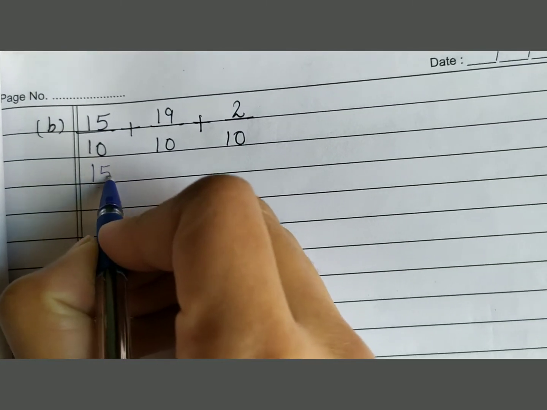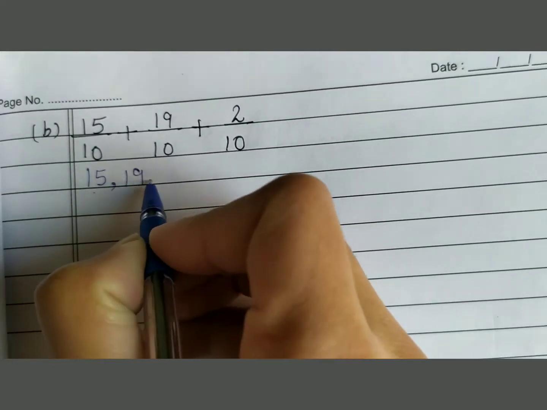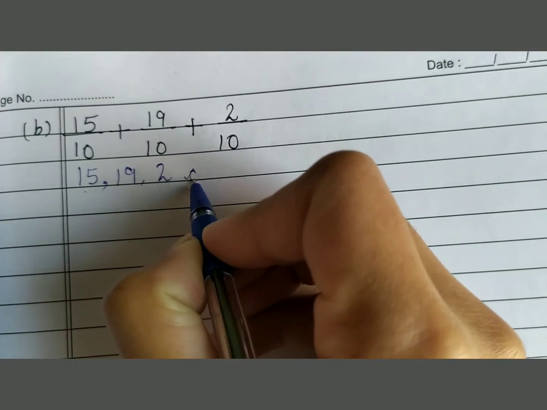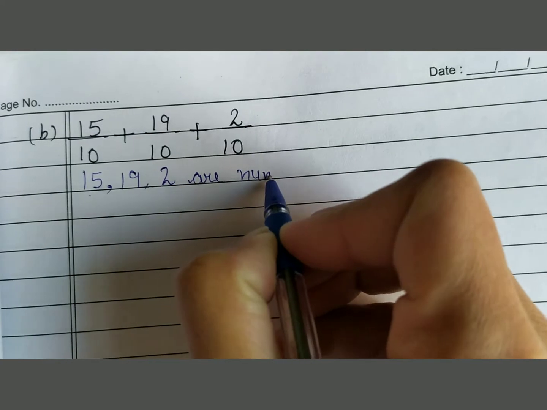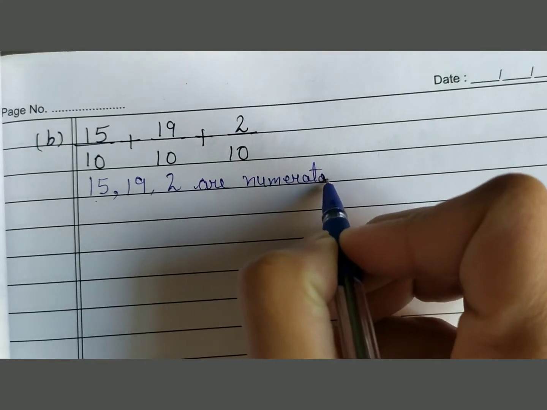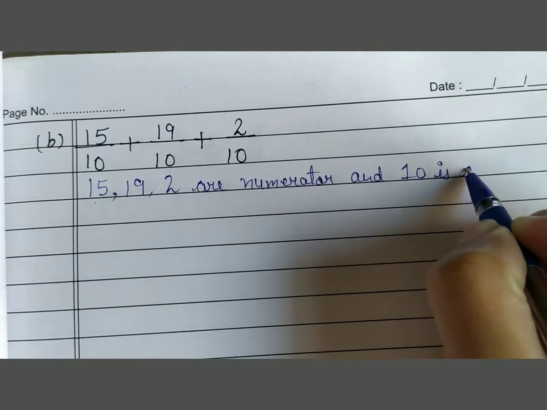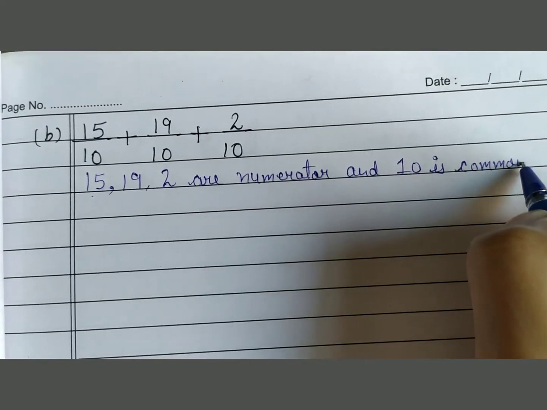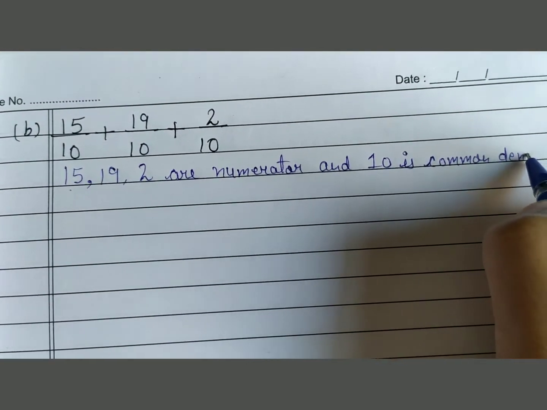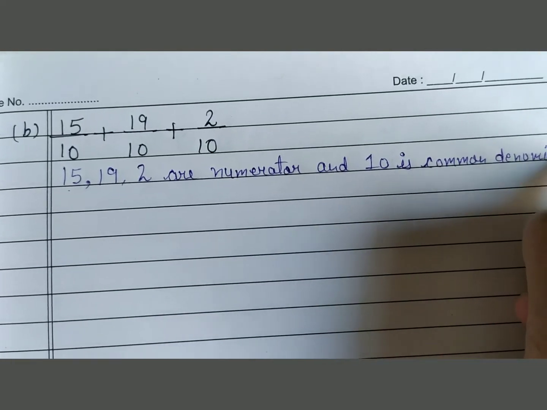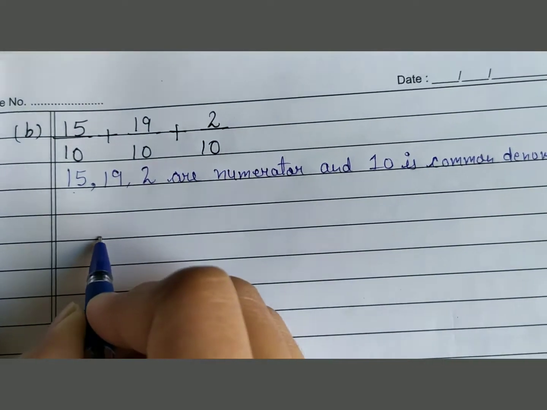Children, 15, 19, 2 are the numerators. Okay, and 10 is a common denominator. Write 10 as a denominator.